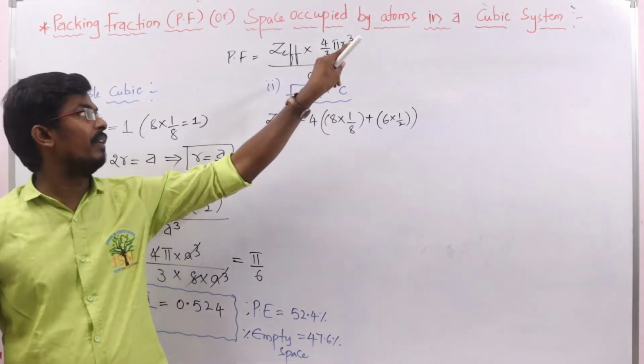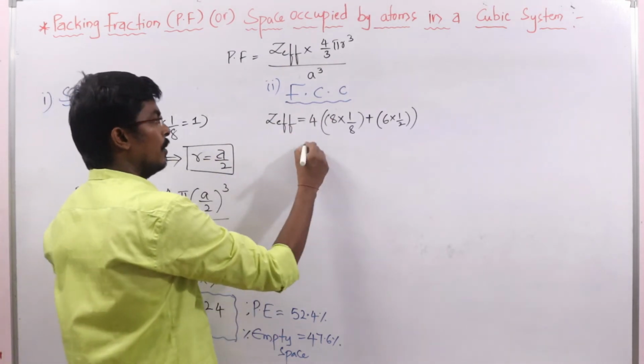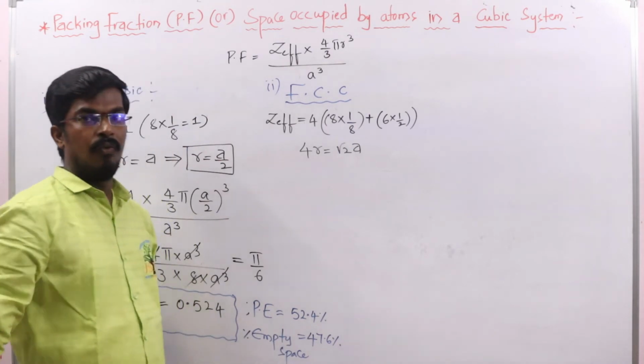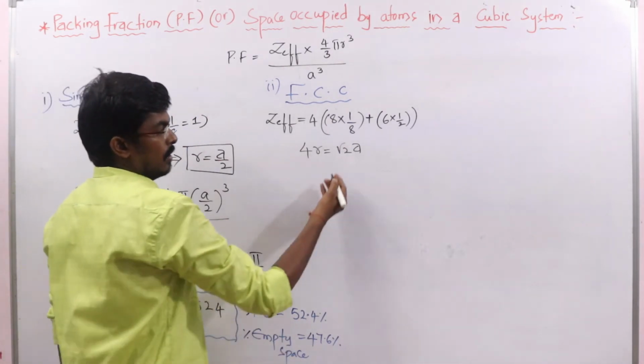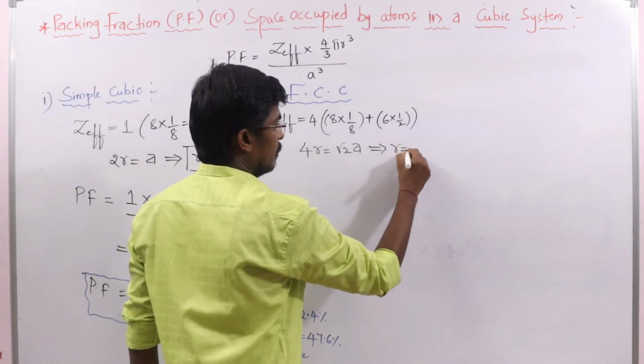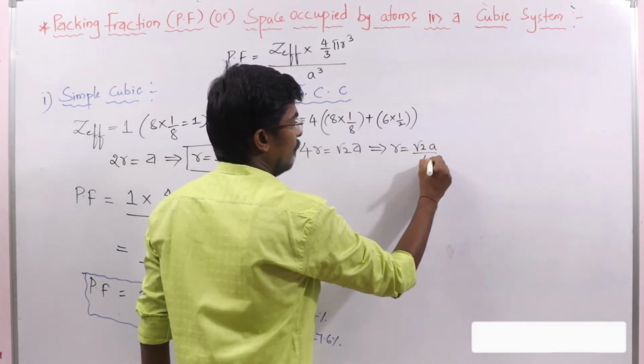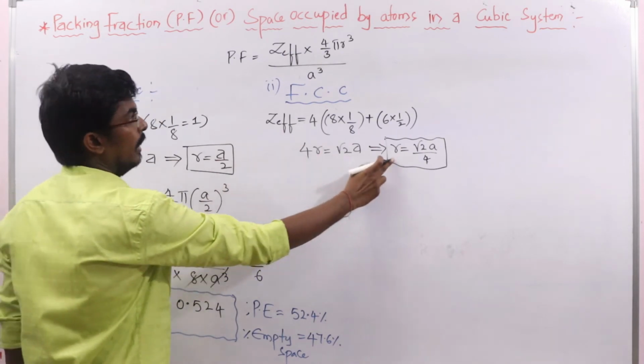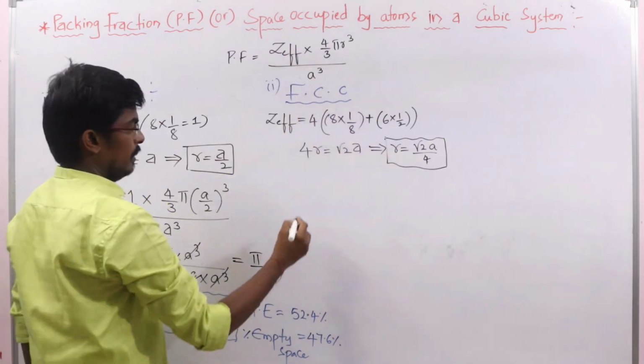And the relationship between the edge length and the radius, you know that 4r is equal to root 2a. So just simply substitute that, r is equal to root 2a by 4. We need Z effective and r, and you can substitute those here.